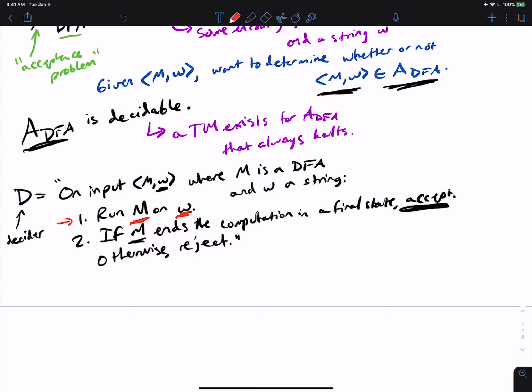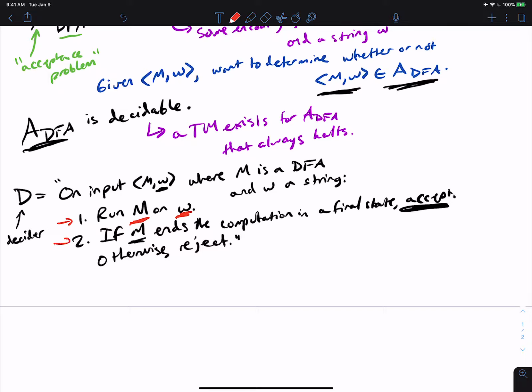So written on the tape, there's the part that contains the machine M and the part that contains the string W. Well, then the machine will have to zigzag back and forth to determine what state we're in, what character we're reading next, and look up in the transition function of the DFA, but that can all be done in a finite amount of time because both M and W are finite in length.